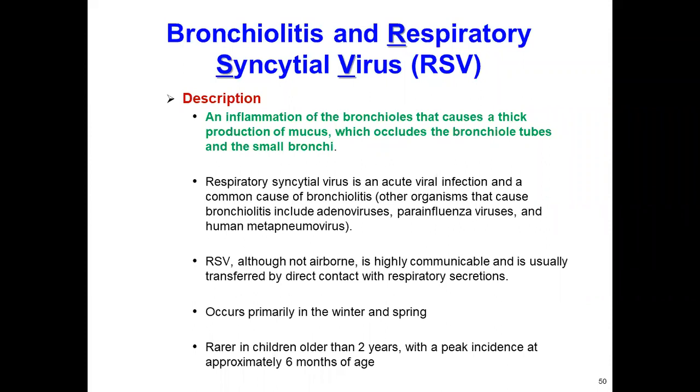Contact precautions cover spread by direct or indirect contact. If you contact any infected client, it is easy to spread. Indirect contact means contact with a contaminated surface. When we cohort patients, it is important to cohort with the same organism.